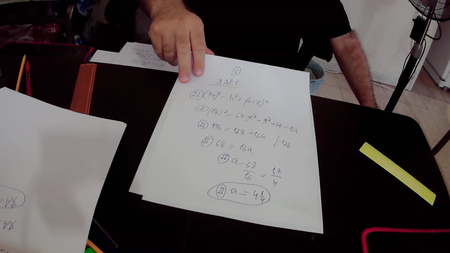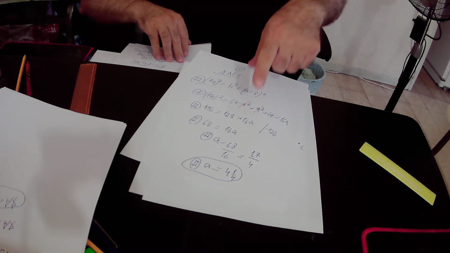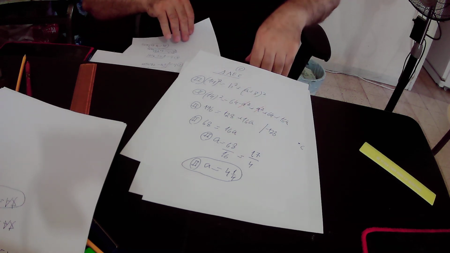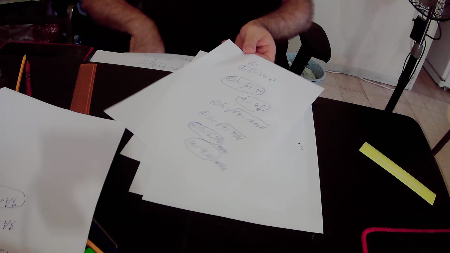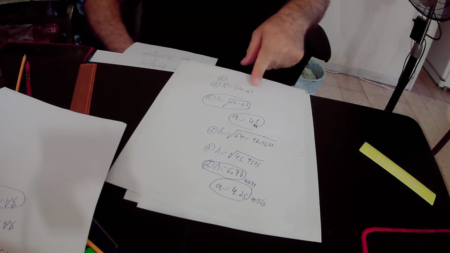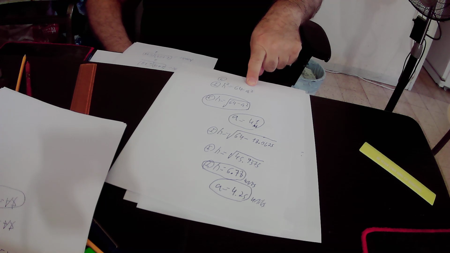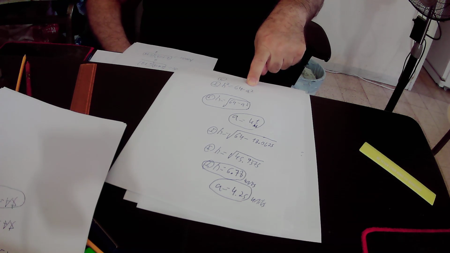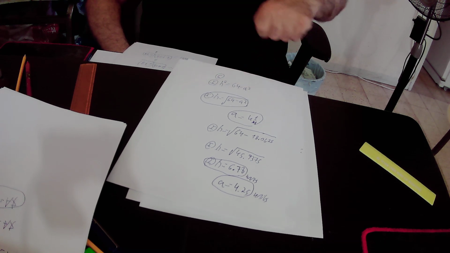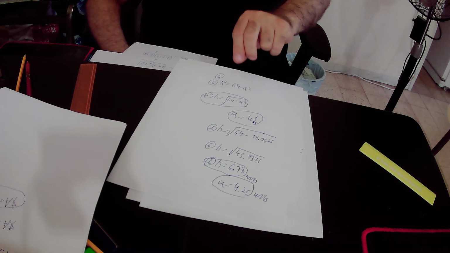Okay, we found out the value of A, and after we know that A equals 4.25 units, we have equation number 1 that states that H square equals 64 minus A square, but we have already found out that A equals 4.25 units, so we can substitute A by 4.25 square, and we found out that H equals 6.78 units.